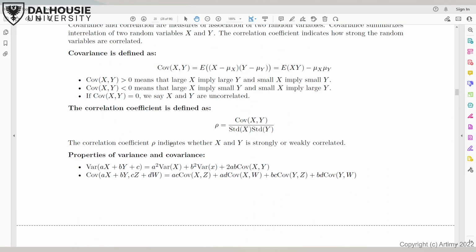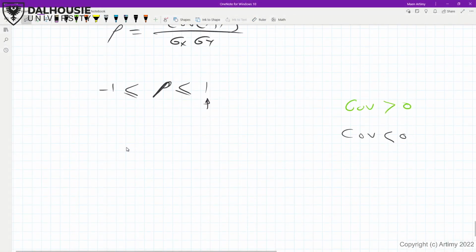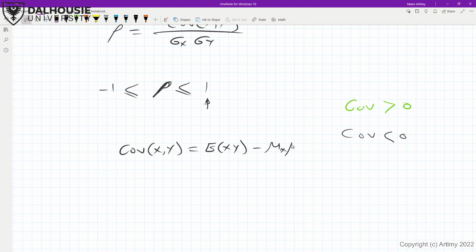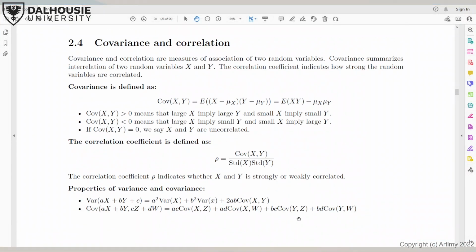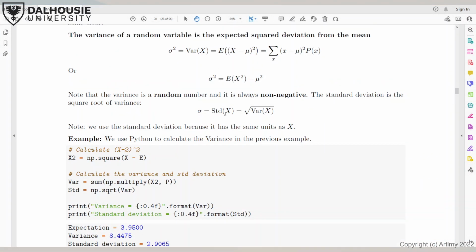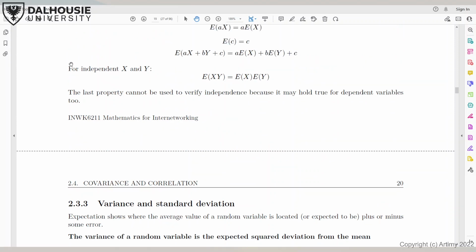And remember when we talked about the covariance of x and y, it is the expectation of (x minus mu x)(y minus mu y). And we also said that for independent x and y, this is true: E[XY] equals E[X]E[Y].